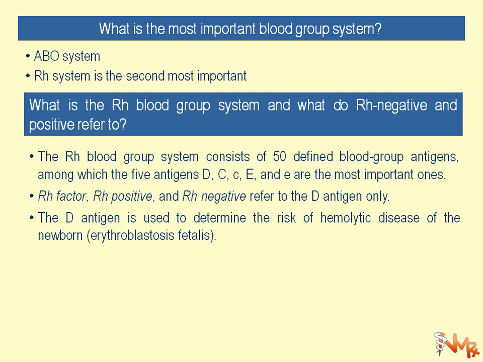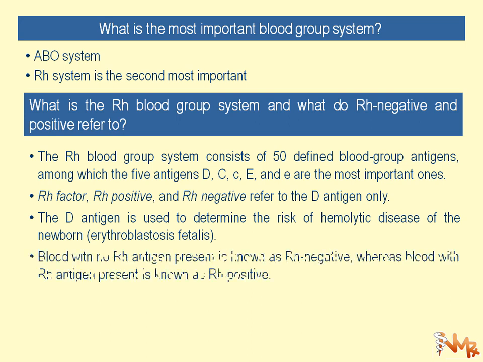The D antigen is used to determine the risk of hemolytic disease of the newborn, the so-called erythroblastosis fetalis, which is a deadly condition. Blood with no RH antigen present on them is known as RH negative, whereas blood with RH antigen present is known as RH positive.